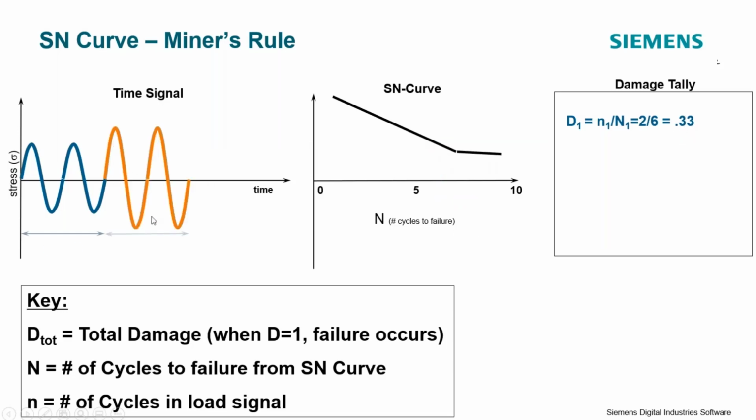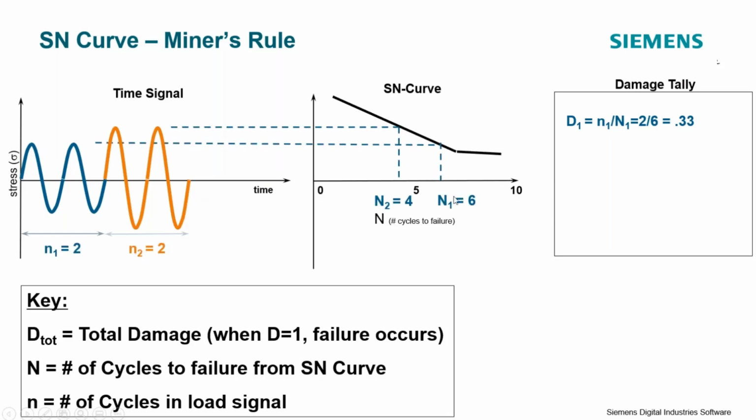If I add in some more cycles at a higher amplitude, I add in 2 more cycles, I can do the same thing where I now have 2 points on my SN curve that I need to make a comparison to. Let's just look at the orange curve here. I can say that I have 2 cycles of the orange time history, and it takes 4 of those cycles before my component fails.